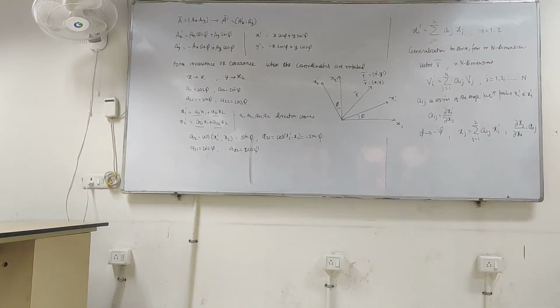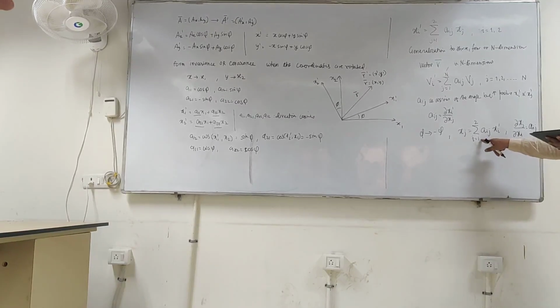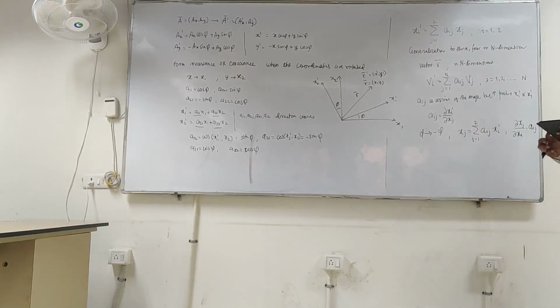Sir, please make the dummy index of summation i to n, in order to have the more generalized case. Yes, the dummy index will be summation from 1 to n for the n-dimensional generalized case, rather than 2 dimensions.